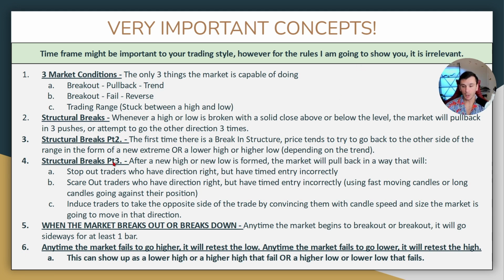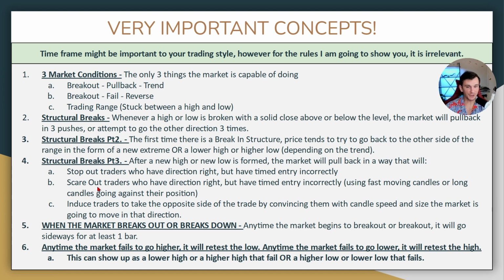Structural breaks, part 3. After a new high or low is formed, the market will pull back in a way that, like I just said in the last slide, will give you an appearance. It will try to stop out traders that have the direction of the trade or the direction of the breakout correct, but have timed their entry incorrectly.